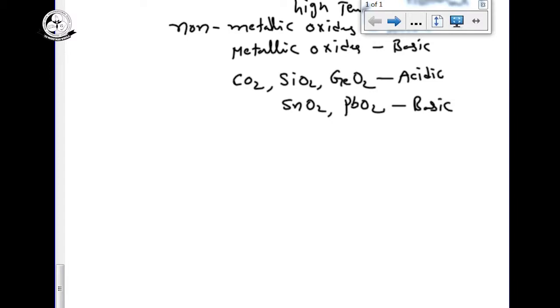For suppose one element itself can show more than one oxide. For example, tin can show two types of oxides, SnO and PbO, and these two are amphoteric oxides.